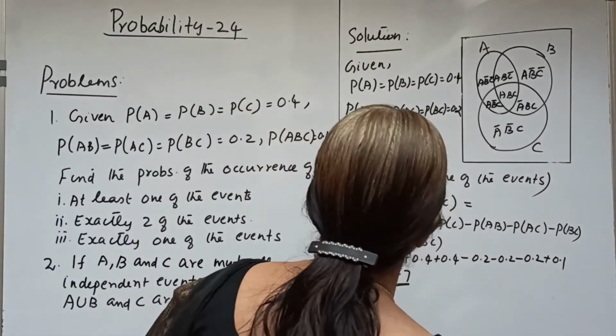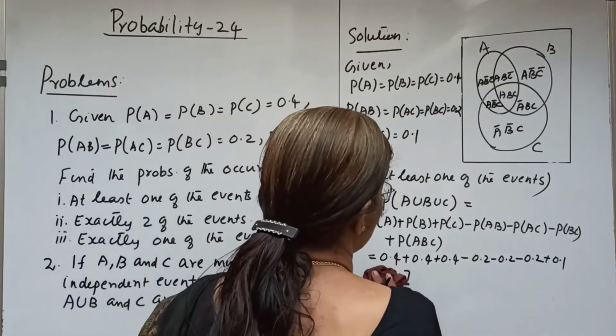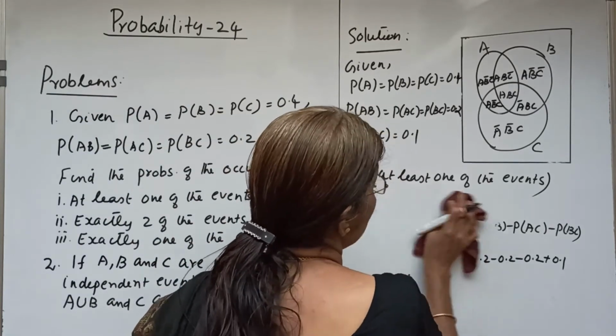So the next is probability of exactly two of the events, exactly two of the three events.